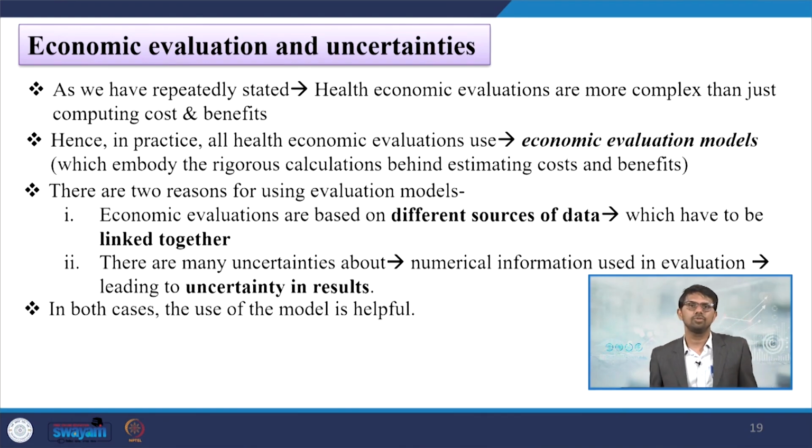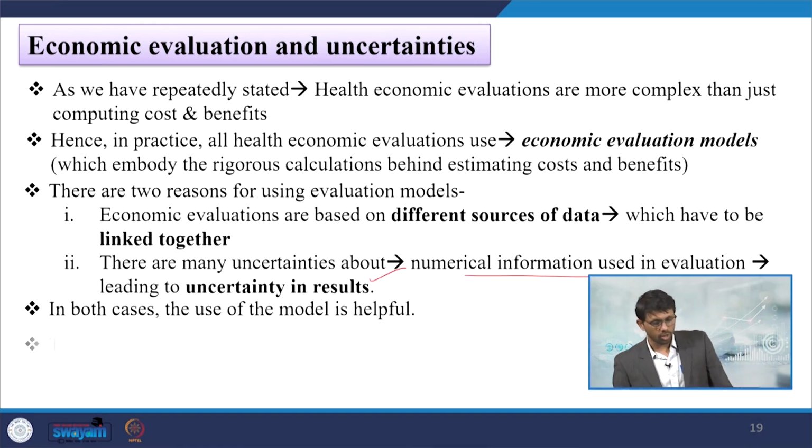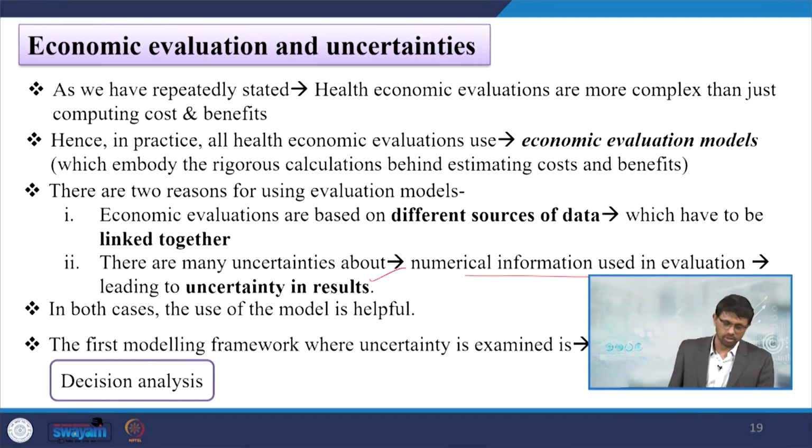There are two reasons for using evaluation models. One is that economic evaluations are based on different sources of data which have to be linked together. The other is that there are many uncertainties about the numerical information used in the evaluation, leading to uncertainty in results. So, in both cases the use of a model is helpful and design is important. Hence, a decision analysis requires a structure.